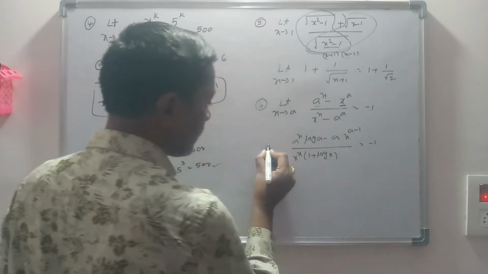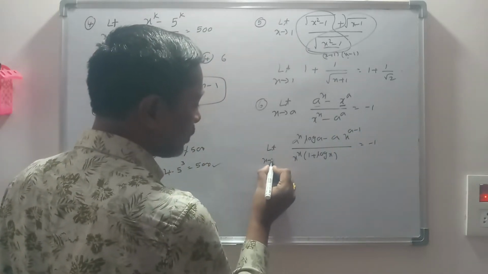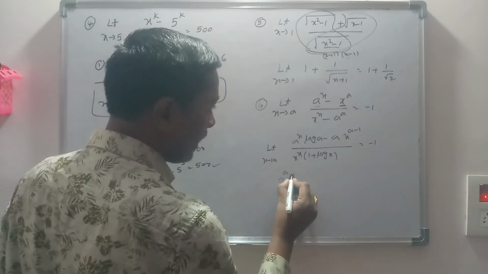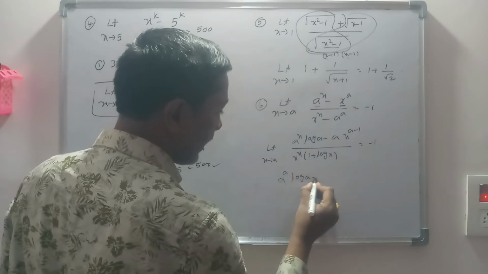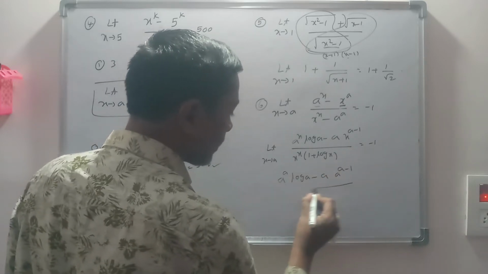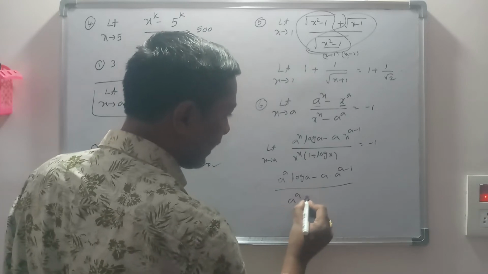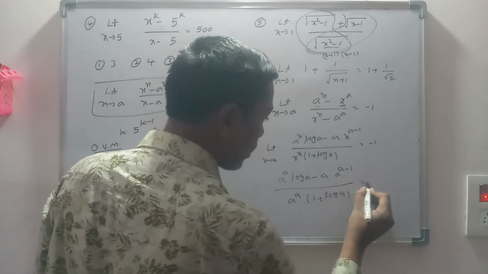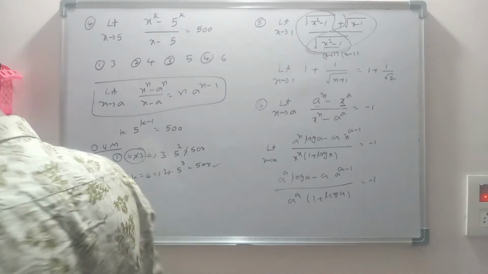Now, limit x tends to a. Put x is equal to a and apply: a power a log a minus a into a power a minus 1 by a power a into 1 plus log a is equal to minus 1.